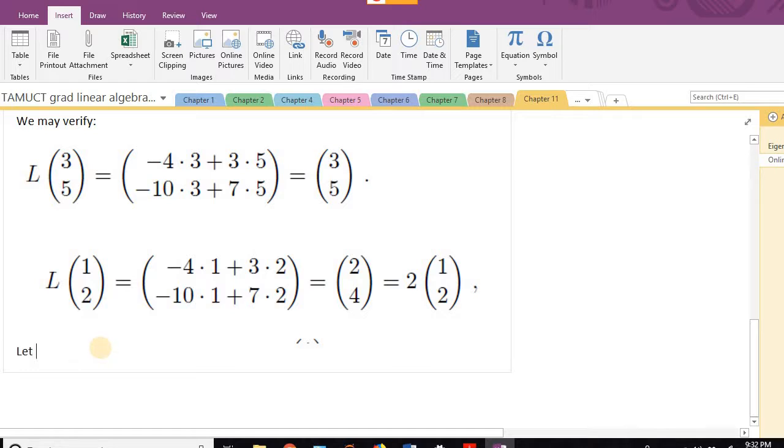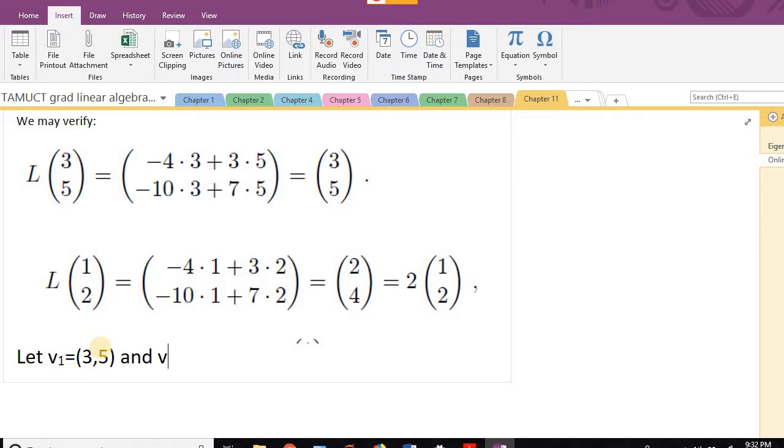Let V1 equal (3, 5) and V2 equal (1, 2).